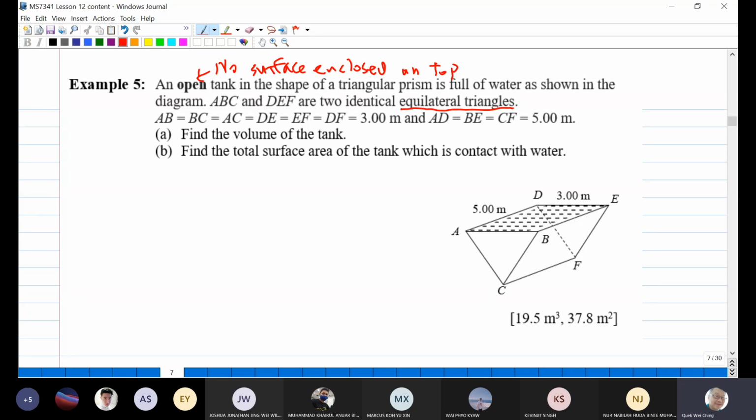And DE, EF, DF are all 3, so all side length 3. And then AD, BE, and CF are all 5.